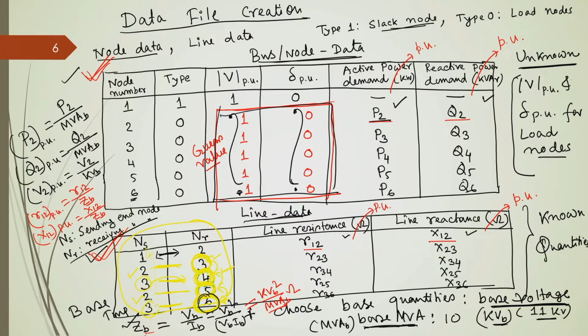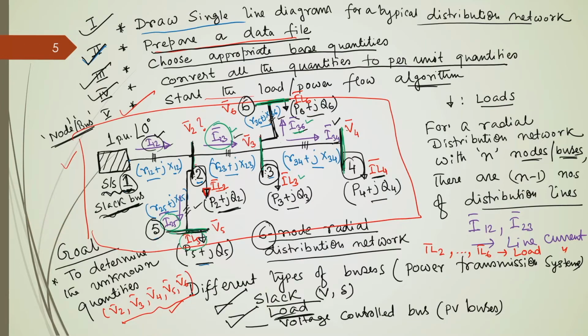And of course, this 3 6 means 6 is the terminal node, beyond that we do not have any load nodes. So, you start with that, and then you find whether this 6 is appearing anywhere in this NS data. So, obviously, it is not appearing, and then you can understand that there is nothing beyond this node 6. Okay, there is nothing, and node 6 is one of the terminal nodes.